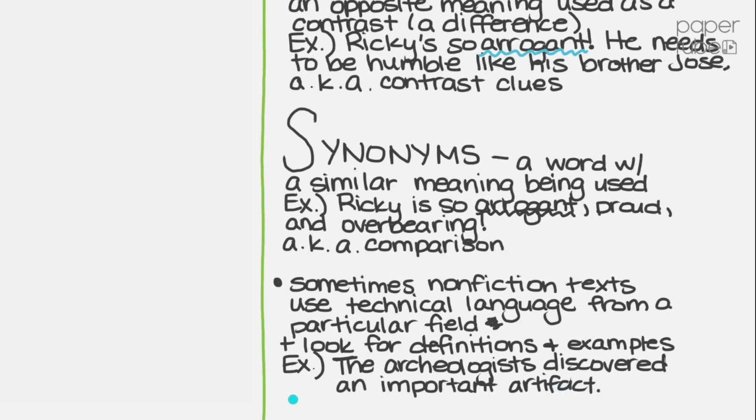And then here's another one, because sports can be technical too. Steph Curry shot a three-pointer from the top of the key.